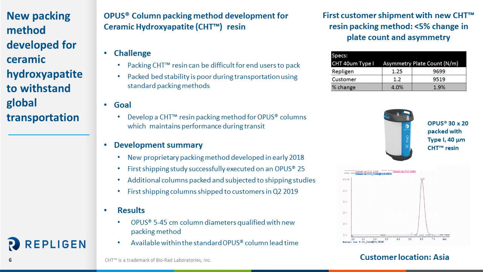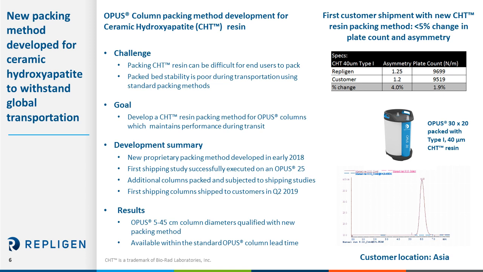So we had a goal, going back several years ago, to develop a CHT packing method which could work in OPUS columns. This was something that end users were asking us for, and we spent some time in development several years back, and more recently went back and spent more time to develop a brand new method, which we launched earlier this year, to enhance the stability during transit.